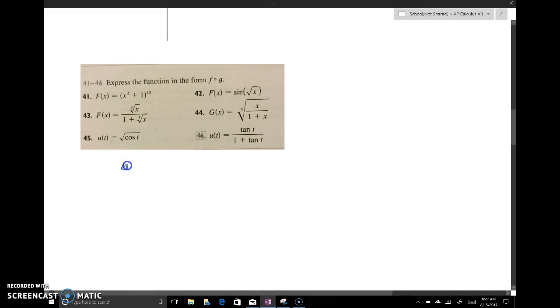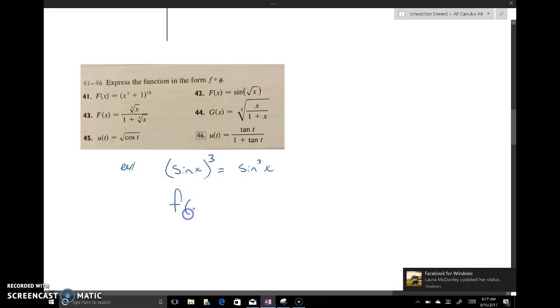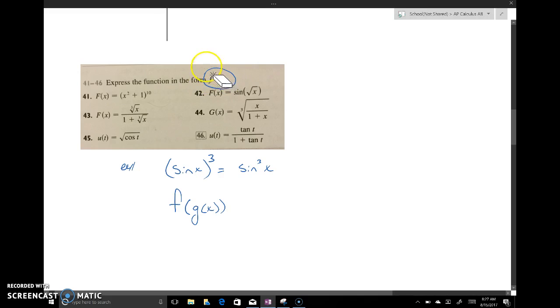Let's say that I have the function sine of x to the third, which is also sometimes written as sine to the third x. This is a composition of functions, and what they want me to do is to write it as a function of another function of x, which is also sometimes written f of g of x up there like that.